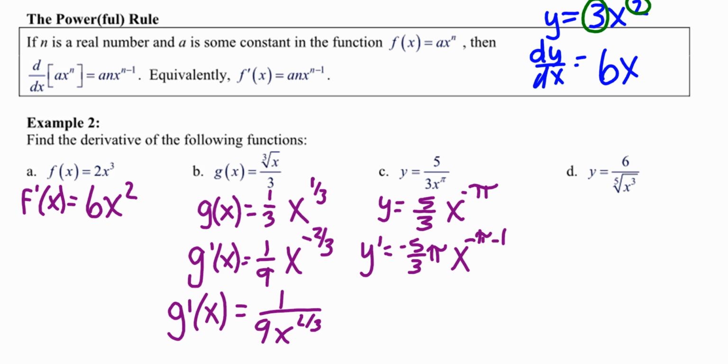Not bad, but it's a problem here. And now this one, I'm going to help you rewrite it. y equals, we can write it as 6 times x to the negative 3/5. So that's one that I would like you to go ahead and write in your whiteboard. Write the answer of that.